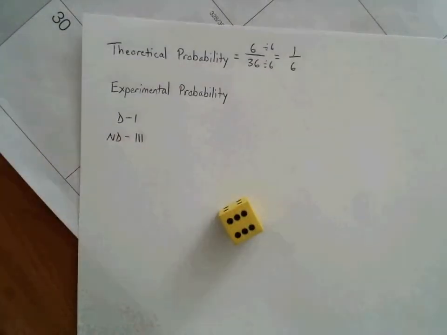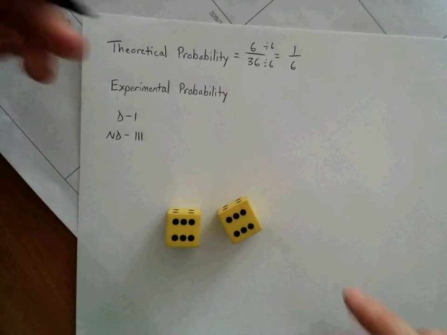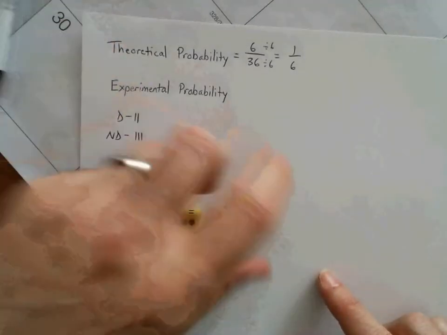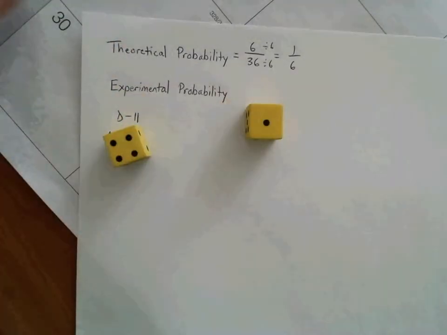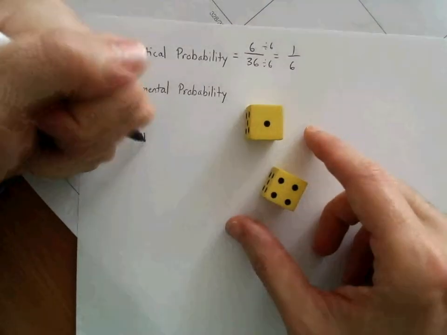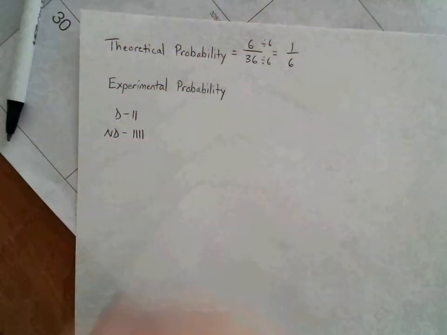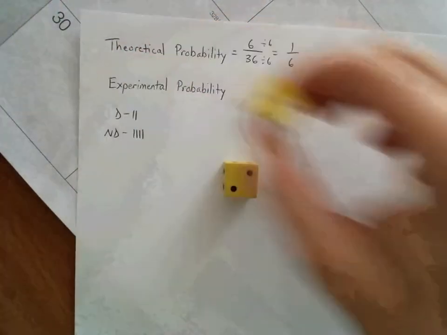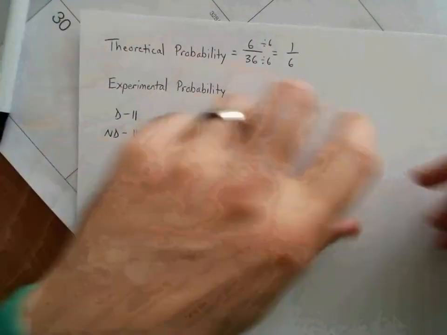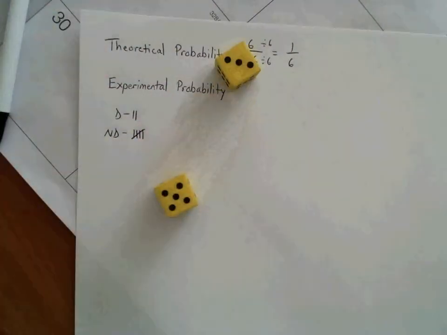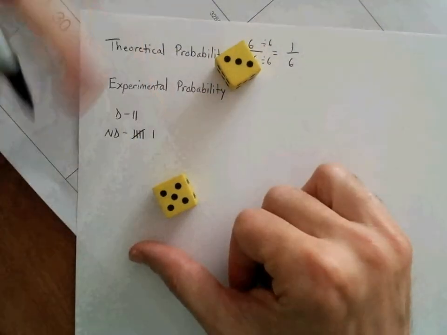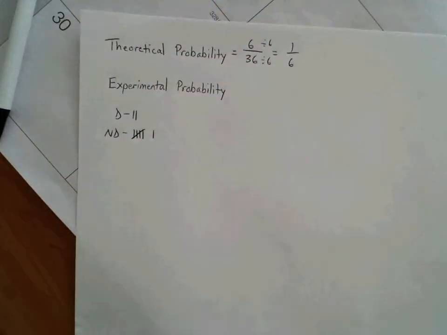Roll it again. That one's a 6 and a 6 again, so we get 2 doubles. Here we get a 4 and a 1, so not doubles. Here we get a 2 and a 1, so not doubles. We have 3 more rolls. A 5 and a 3, not doubles.